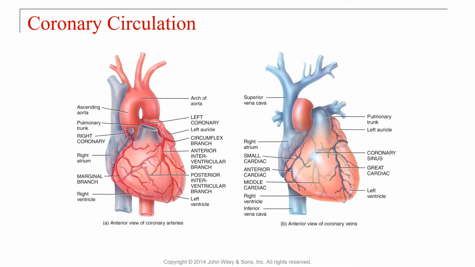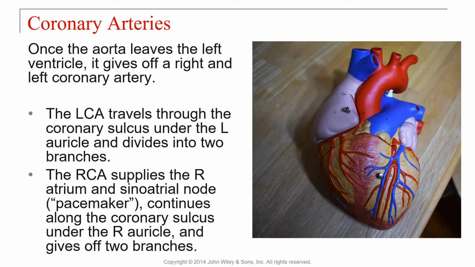All right, so coronary circulation, some of the major vessels here are listed. Basically, we have our right coronary artery, left coronary artery, great cardiac vein, coronary sinus, and a few other vessels that I will be reviewing.